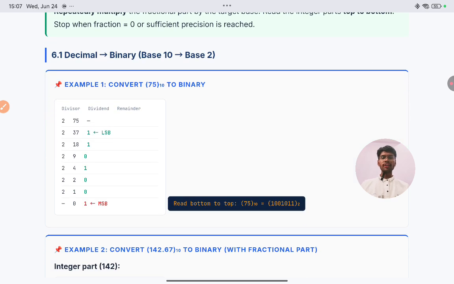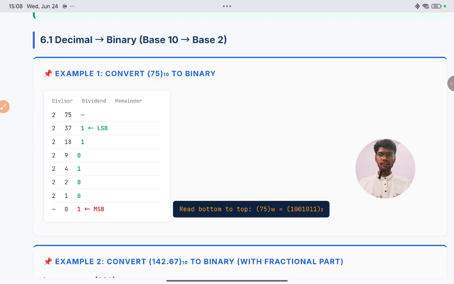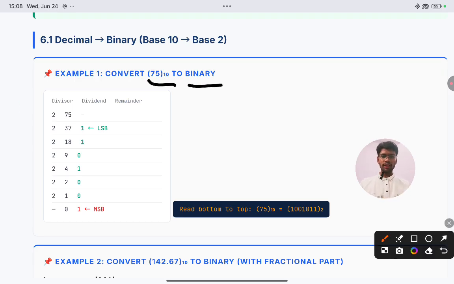So this is an example of how to convert 75 with base 10, when 75 is in decimal, to binary format. How to convert this? You do 75, and you repeatedly divide by the base 2, which you want to convert to.